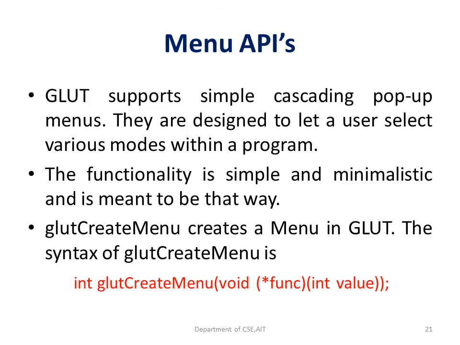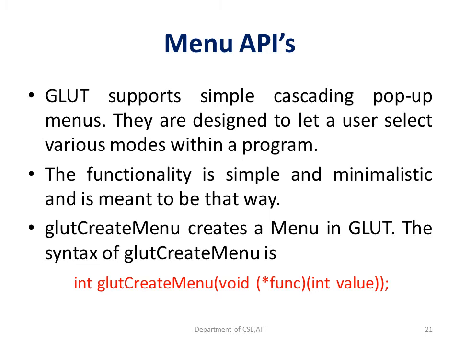GLUT supports multiple types of menus. It can be a simple menu or it can be a hierarchical menu. The first API used in the creation of the menu is glutCreateMenu. This is going to return an integer, that is the name or the ID for the menu, and it is going to accept one value, an integer value. Based on that integer value, I am going to decide what action has to be performed.